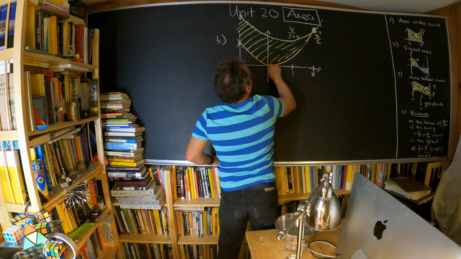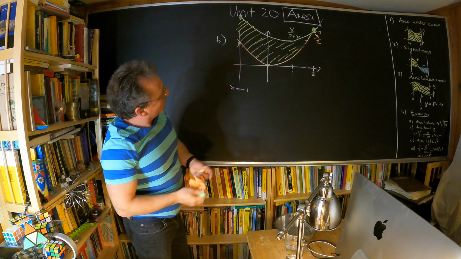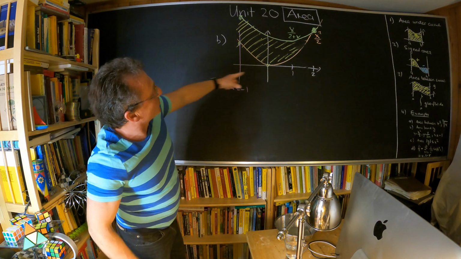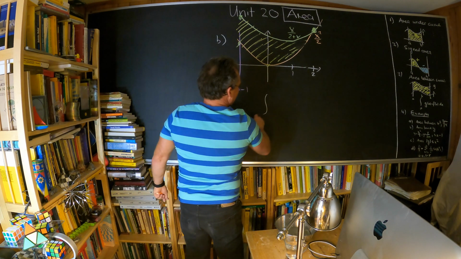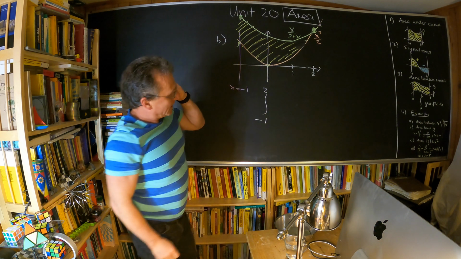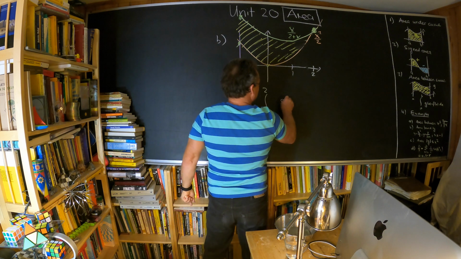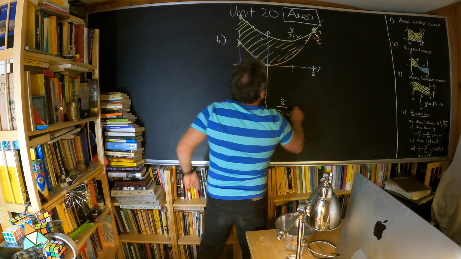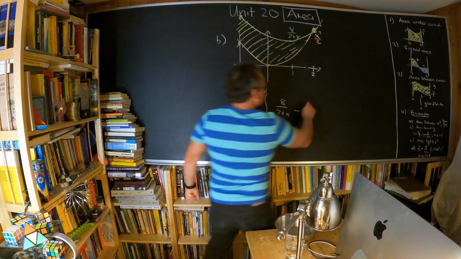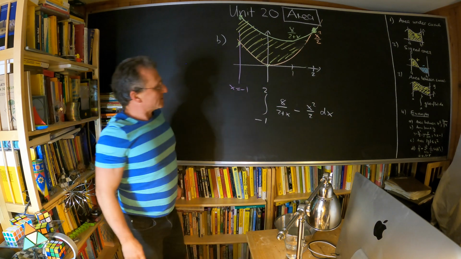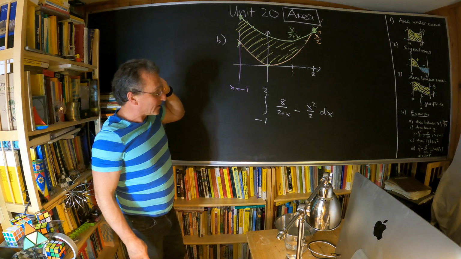These are the important points here, but we see that it actually just goes from -1 to 2. So we have to integrate from -1 to 2. The upper function is 8 over x plus 6, and the lower function is x squared over 2. So this is something I think we can integrate.